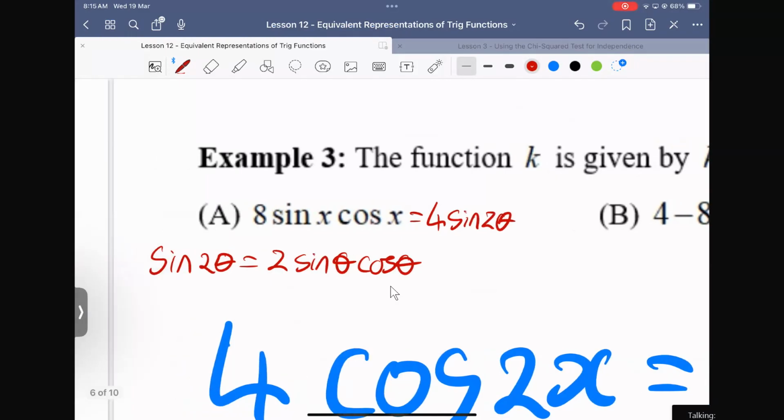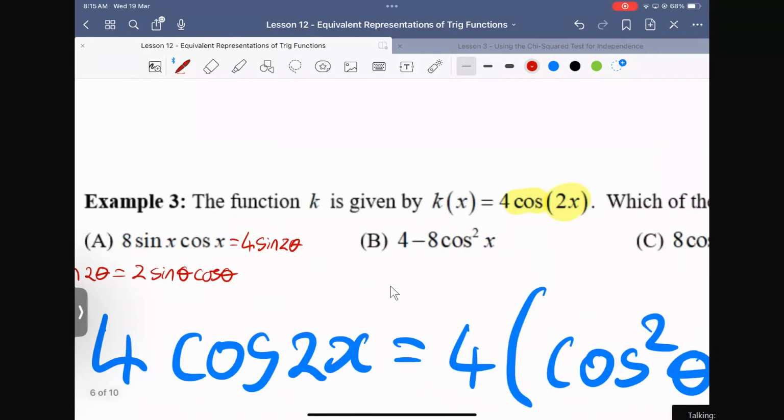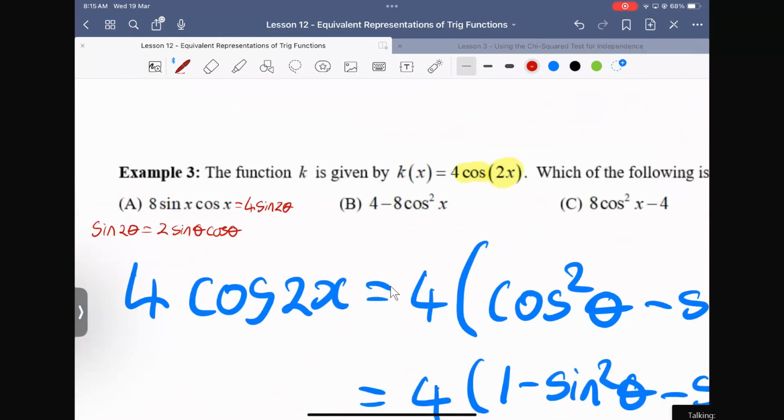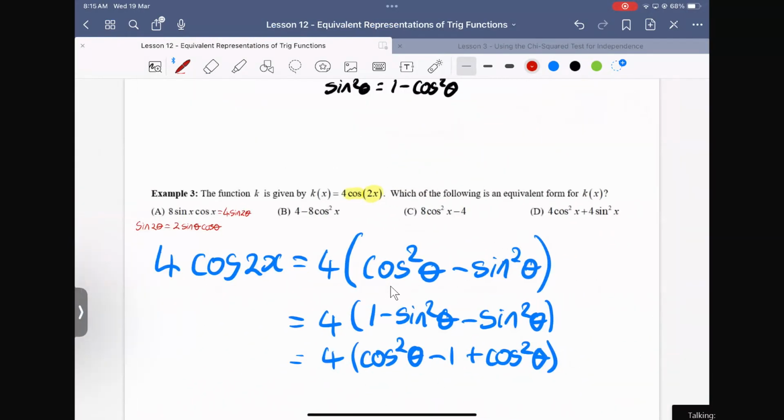This one's just messing with us a little bit. This formula is 4 bracket 1 minus 2 sine squared theta. So you can see here, if I was to factor that, I would have 4 bracket 1 minus 2 cos squared theta, or x. That's just trying to get you confused between the two.